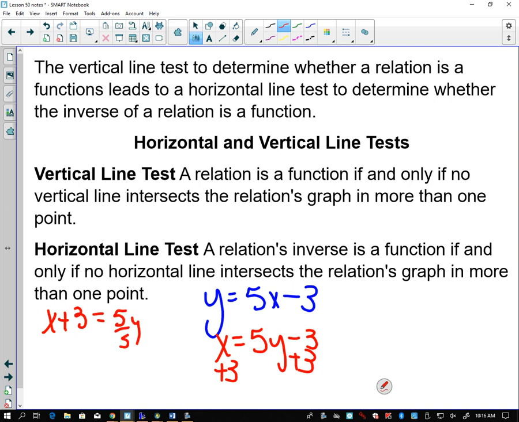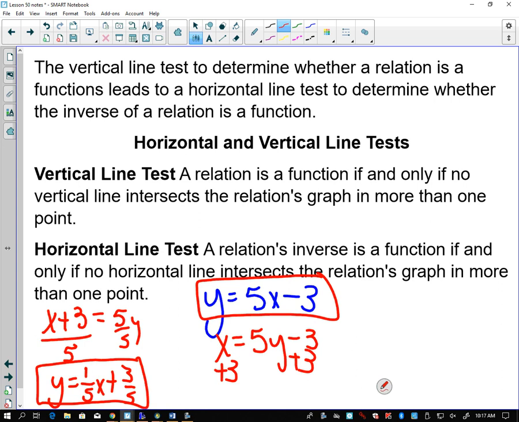Divide by 5 on both sides. So do I divide the whole side by 5, or do I just divide part of it by 5? Whole side by 5. All right, so as I rewrite this, the equation becomes y equals 1/5 x plus 3/5. This is the inverse of this.